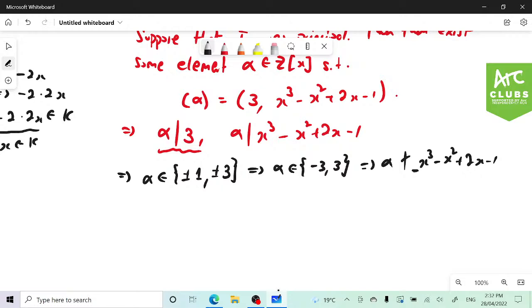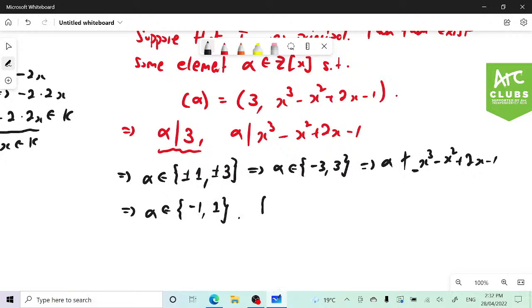So alpha cannot be minus 3 or 3, but that leads to a contradiction. So it must be the case that alpha is either minus 1 or 1.